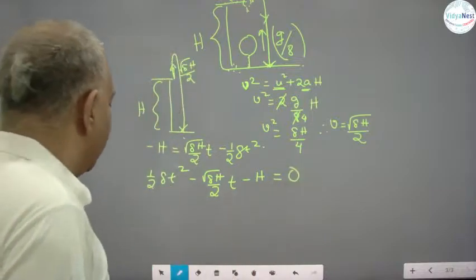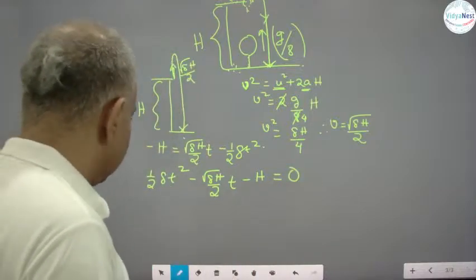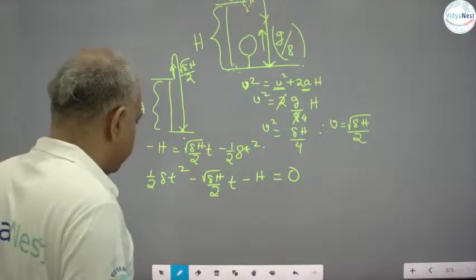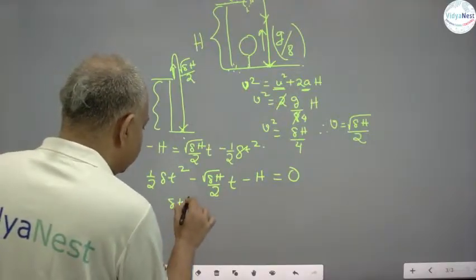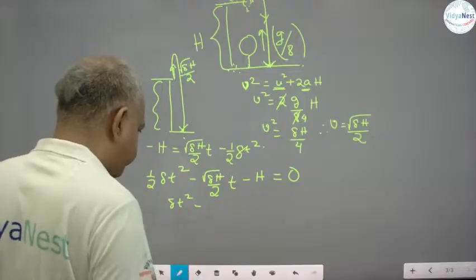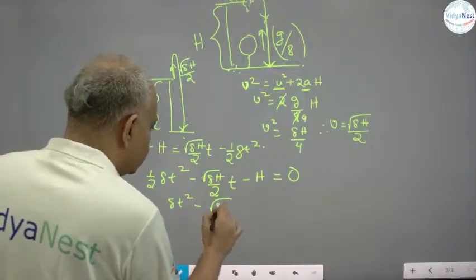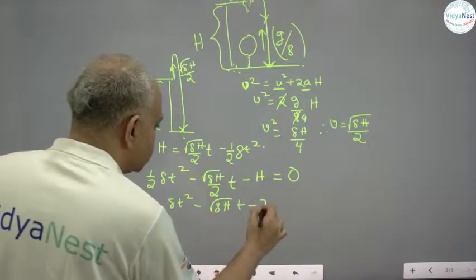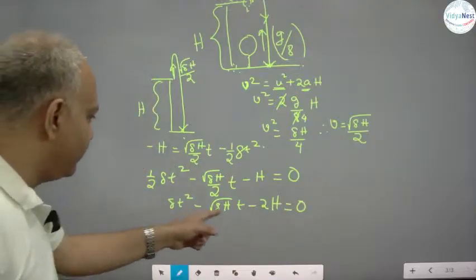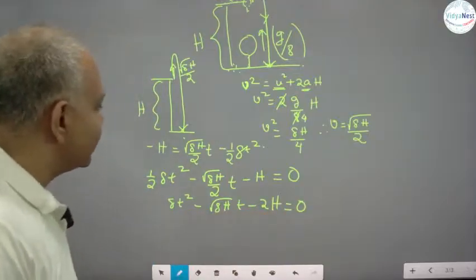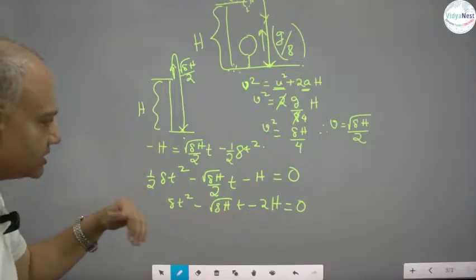Very good. Now if I multiply with 2, what is coming? Gt square minus root over gh t minus 2h equals 0. I multiplied with the 2, so the simplification comes like this. So it is a quadratic equation of the time.